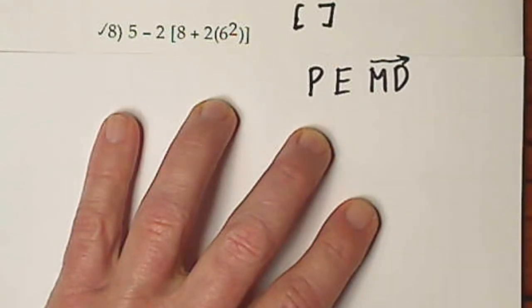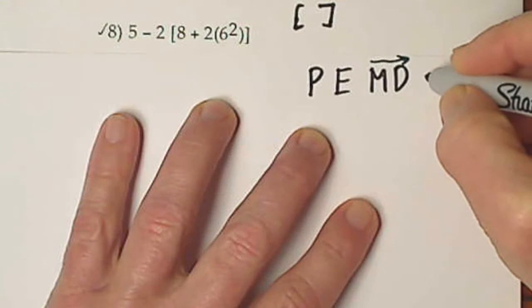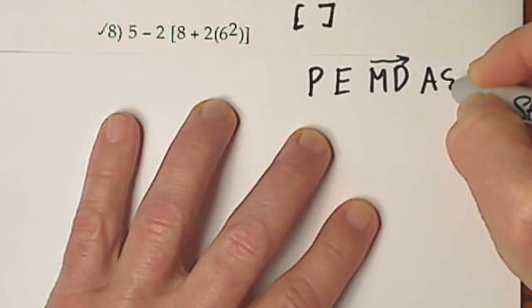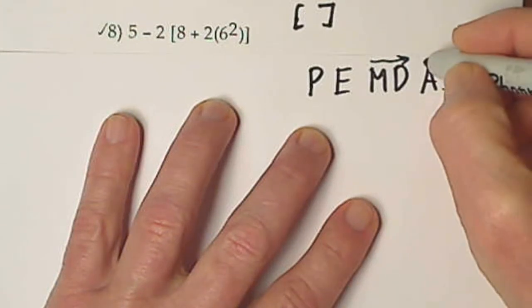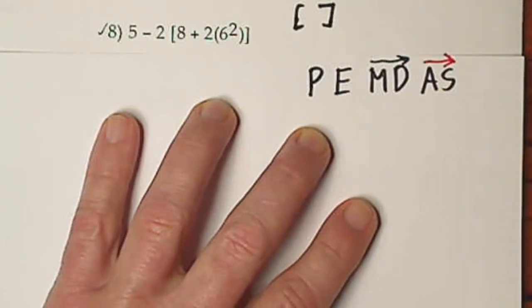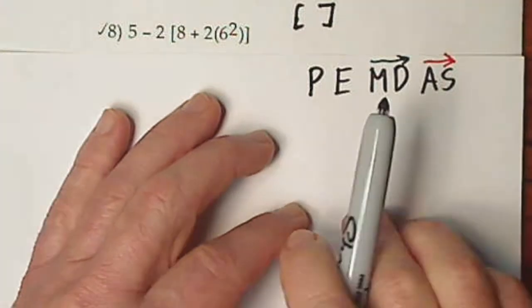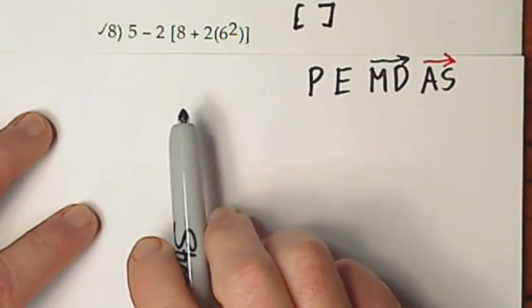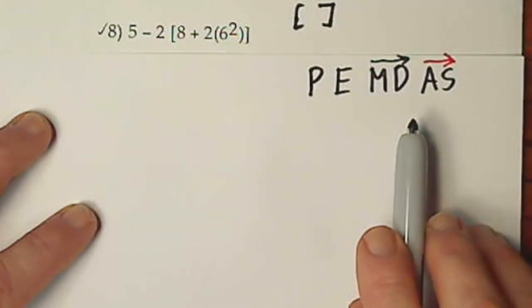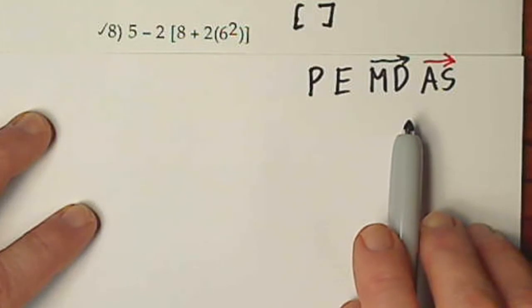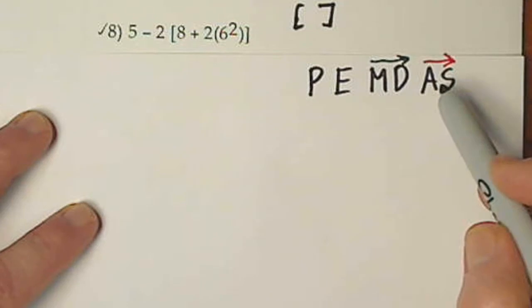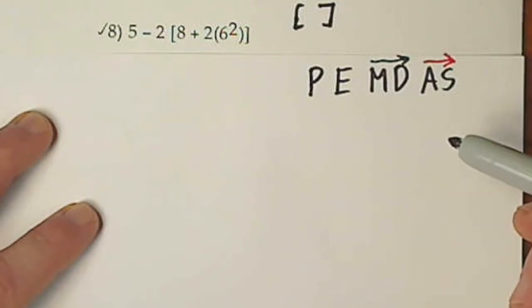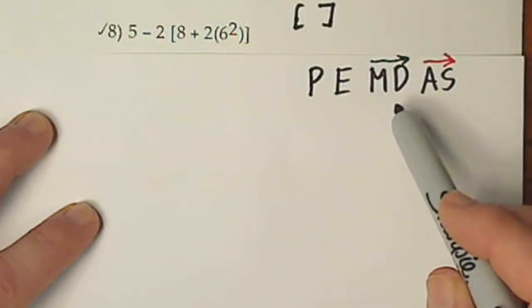Then you have addition and subtraction, whichever one you get to first, going from left to right. Now we'll follow this order of operations in solving this, and the order of operations is always in play. It never stops being used.